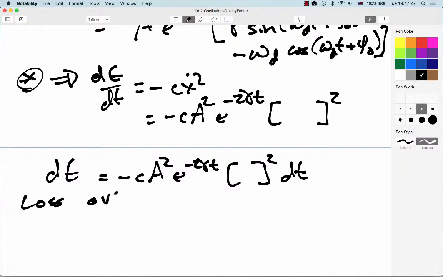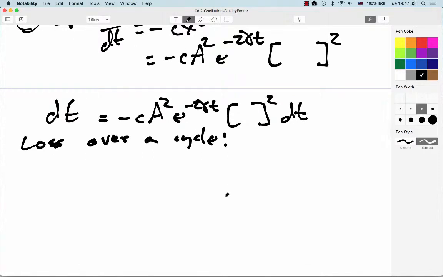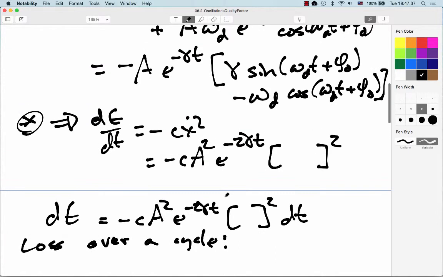So, loss over a cycle. It's going to make sense to do a change of variables here. If we look, both the sine and the cosine here go as omega_d t plus phi naught. So in one cycle, this is going to increment by 2 pi.